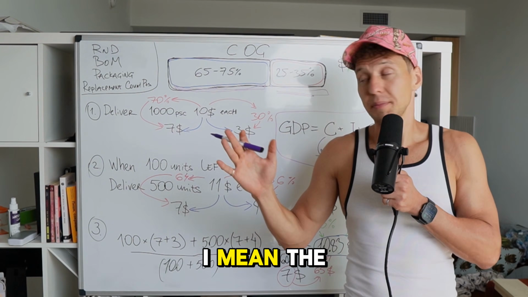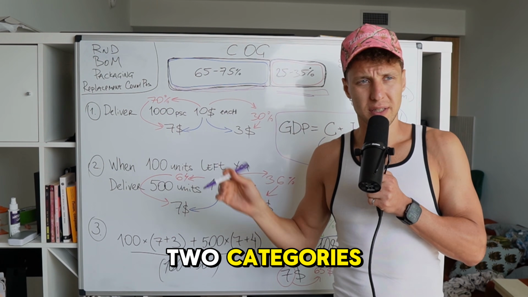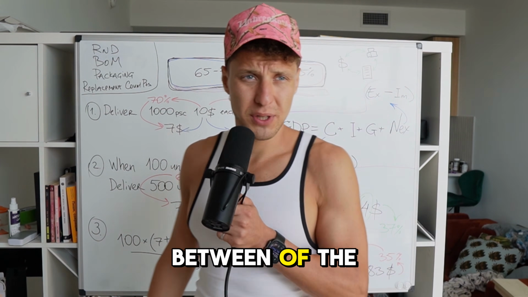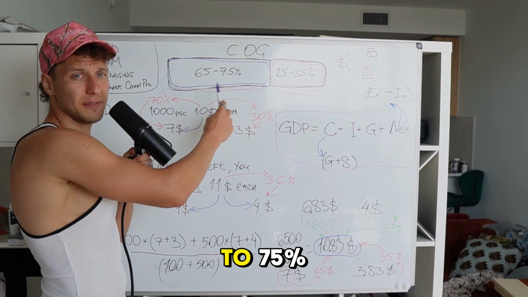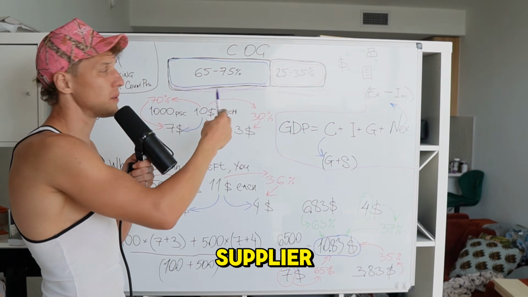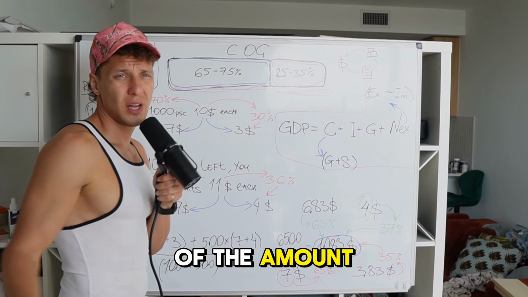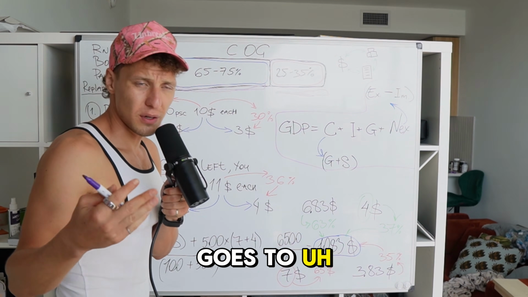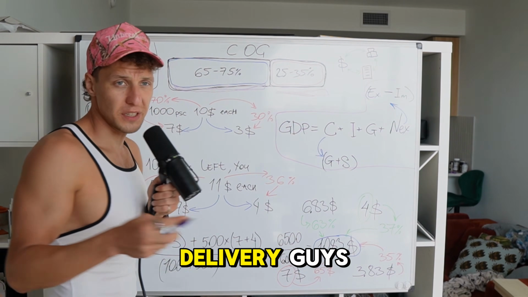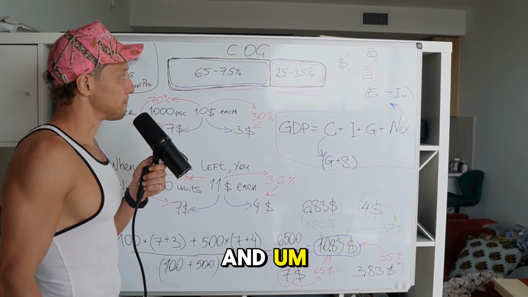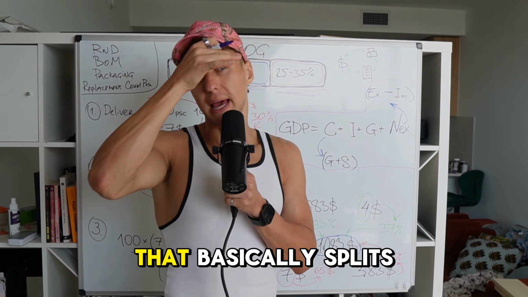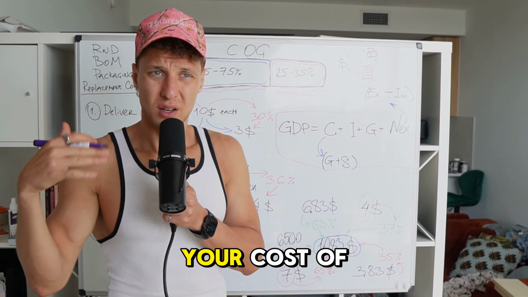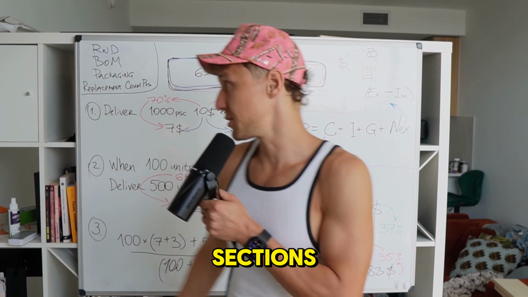The proportions between those two categories vary between products. In our particular case, about 65 to 75% we pay to the supplier, and the rest most likely goes to freight forwarders or delivery guys. So you have two major categories that basically split your cost of goods into two sections.